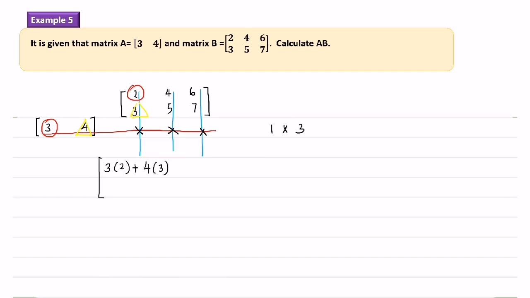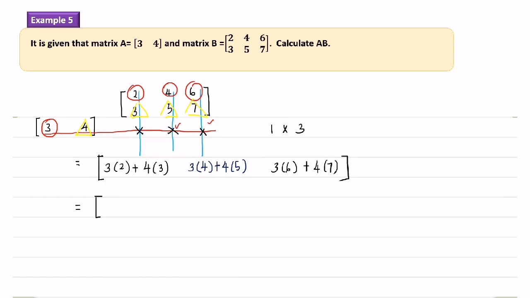Now the second element here also, 3 times 4 plus 4 times 5. For the last element, 3 times 6 plus 4 times 7.